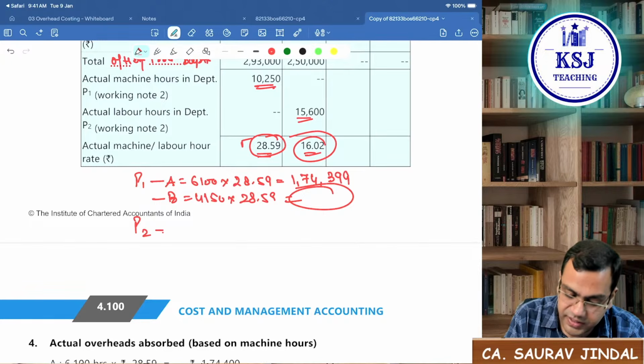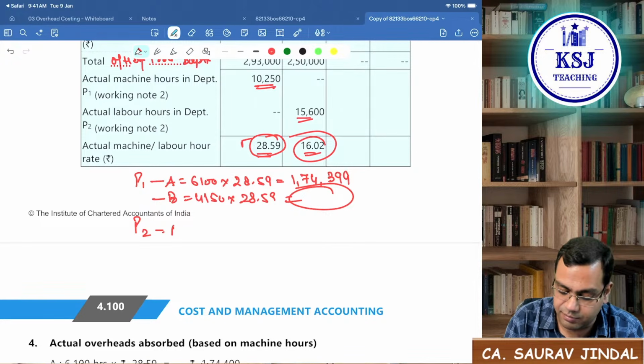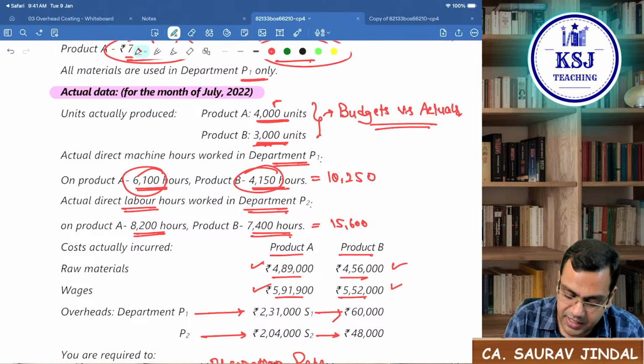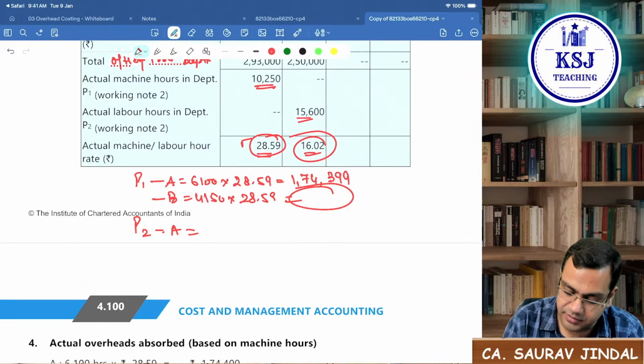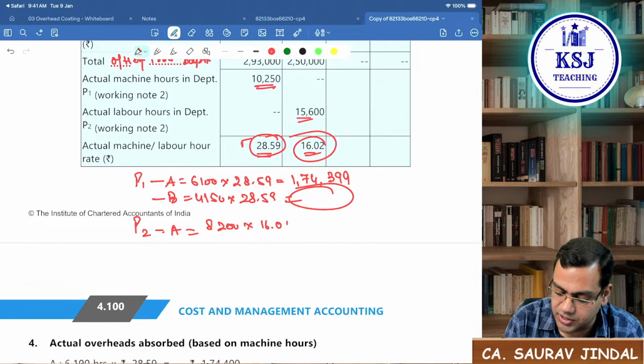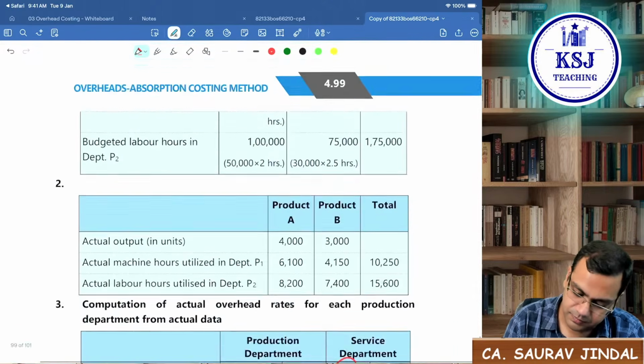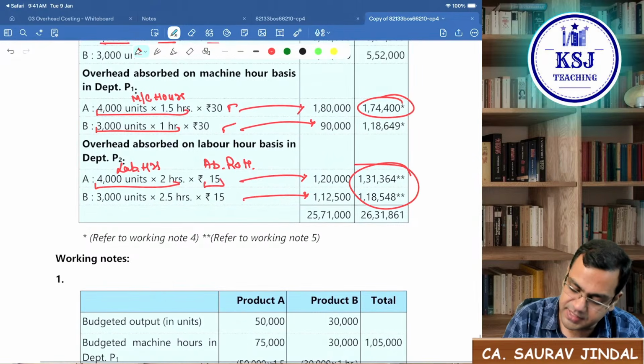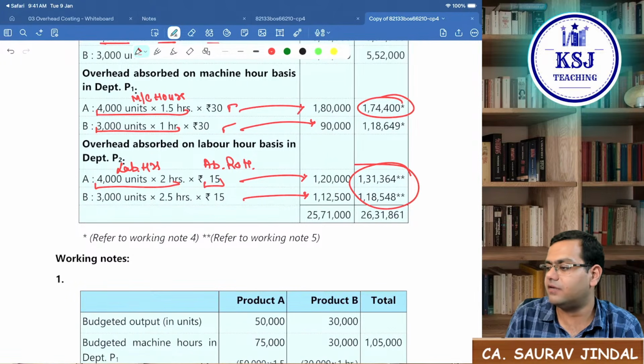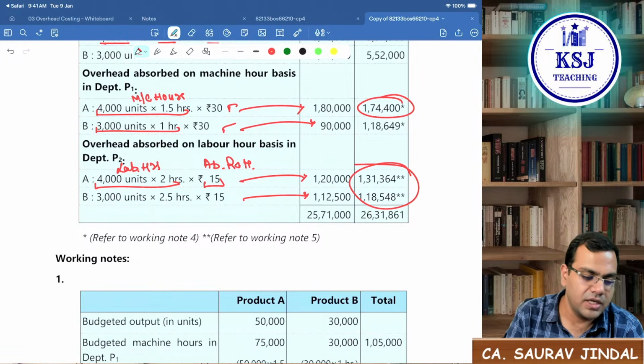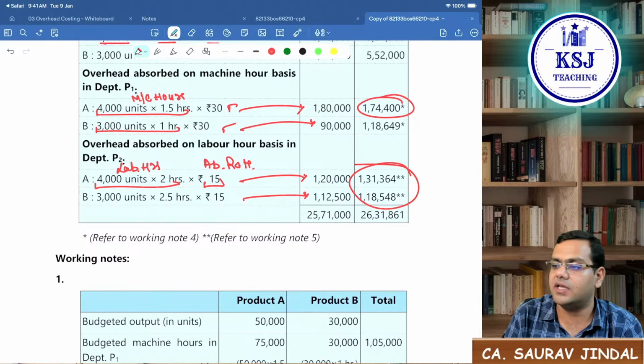Department P2, which is labor intensive, product A, how many labor hours are incurred? 8200. So 8200 multiplied by 16.02, product B 7400 multiplied by 16.02. These are the values that you will get for the actuals. So why did we do this for the actuals?